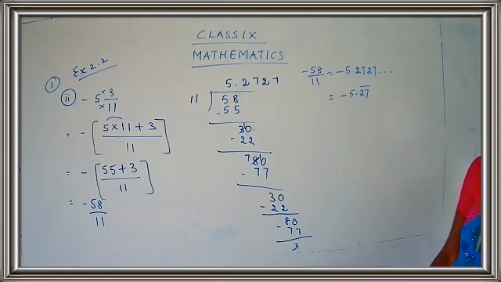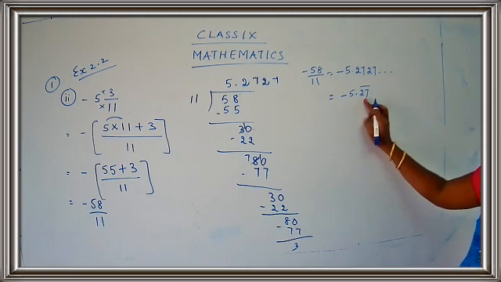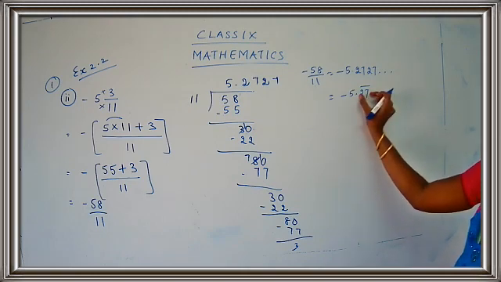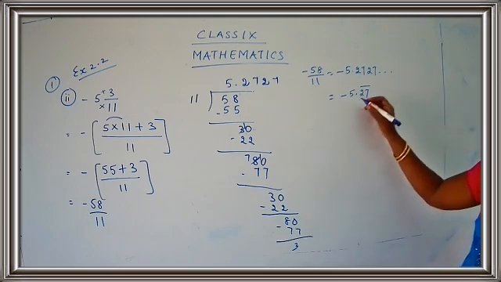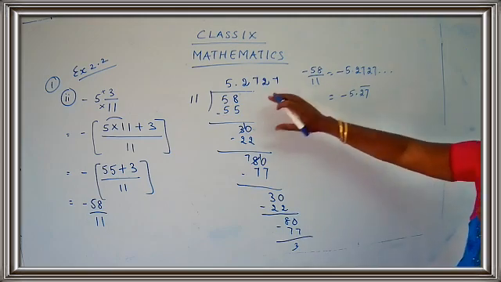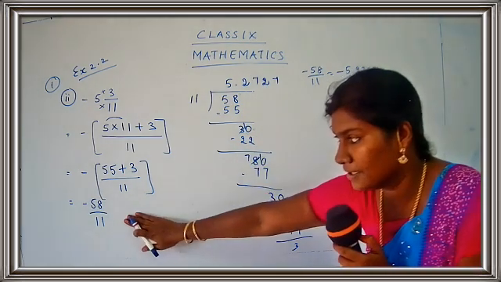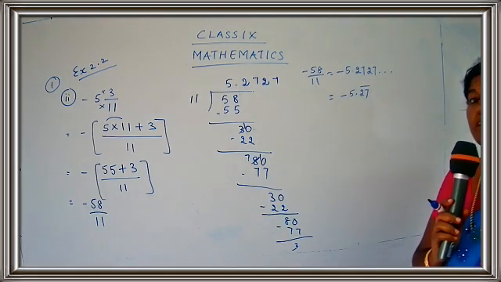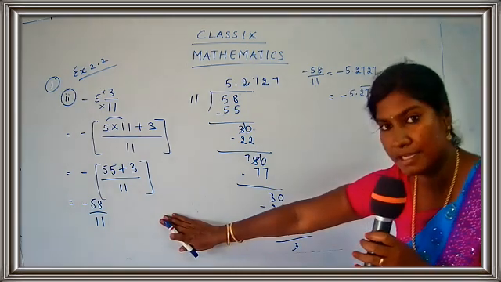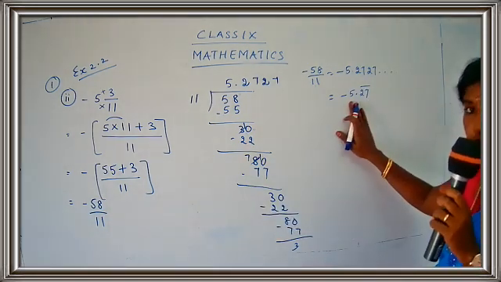That means the 27 is going to repeat again and again. So what have we done? We have written the rational number into decimal form. The first work is done.